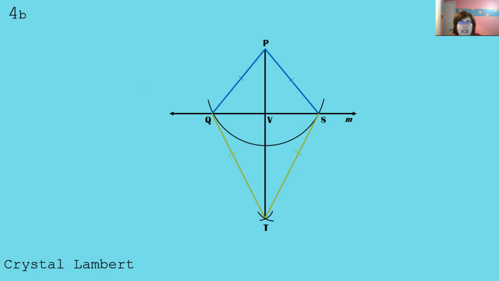So next we're looking at angle QPT, and it's congruent to angle SPT. Here we go. There's SPT and that angle. So what else do we see? We're looking at this triangle. What we know is side QP, a line segment, and SP are congruent.